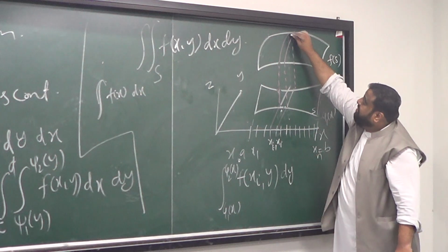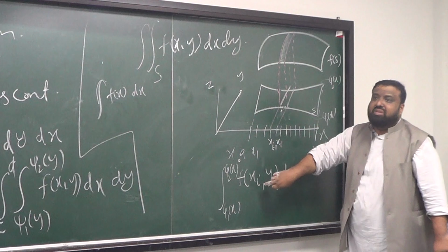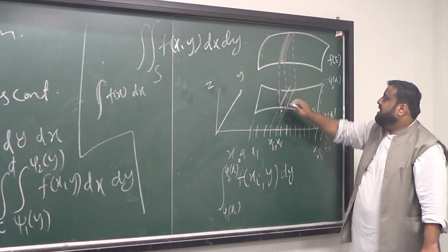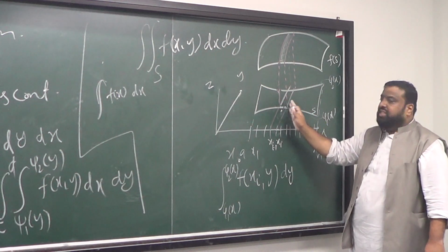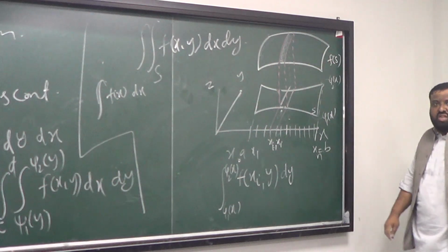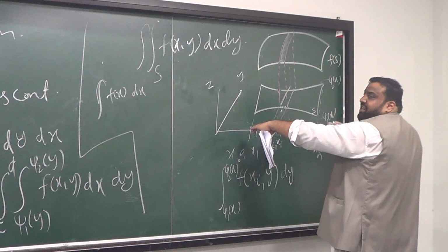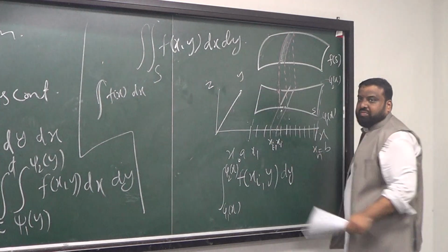All these points have the same value, I'm assuming it's small enough that all these points have the same value, while you're integrating with respect to y. So it's going to give you the volume of this region. So what you should do next is take this entire domain and slice it into such pieces and bunch them up.